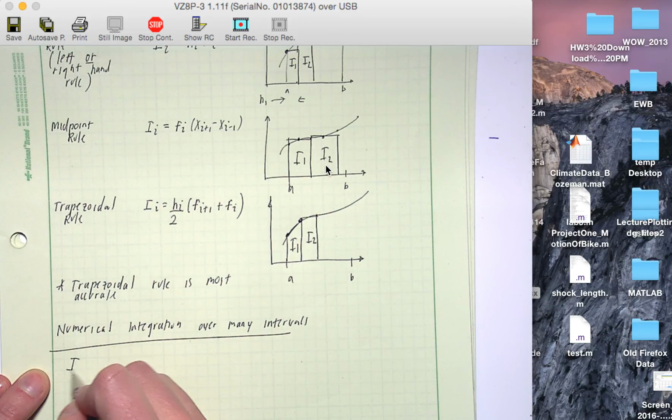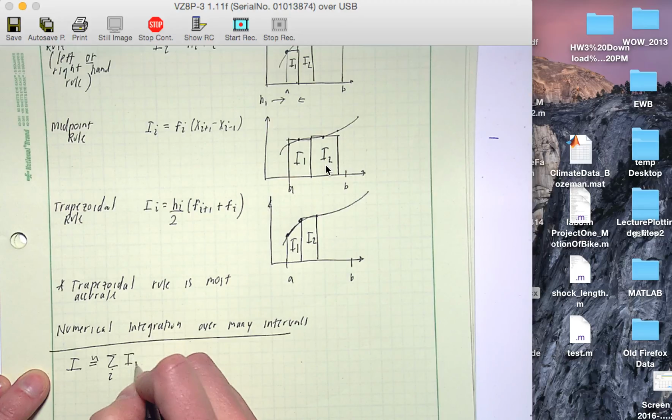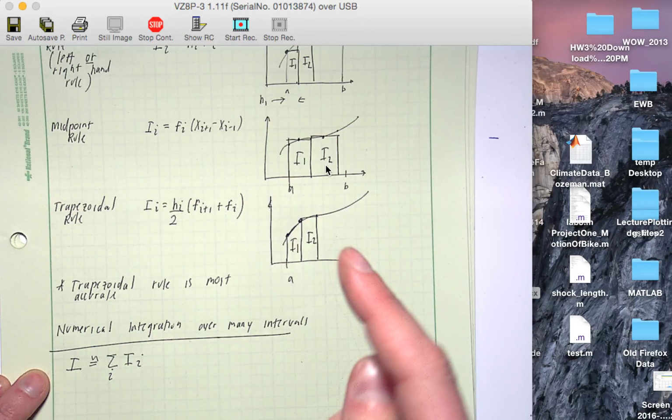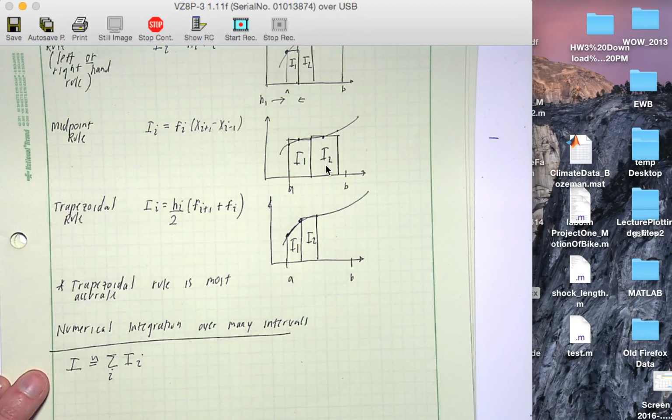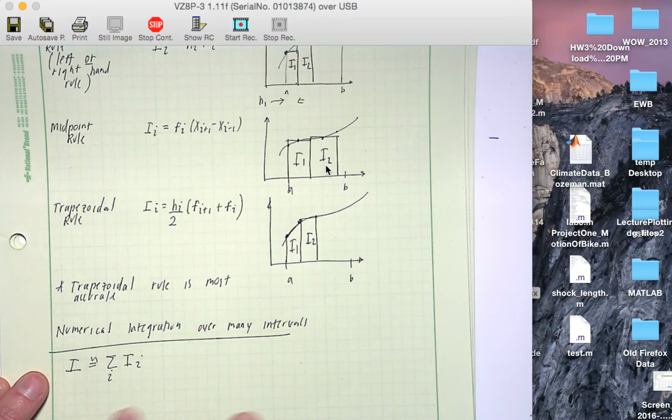So you're going to have to take all those I subscript i's and sum them up. Step 1 is to find out what they are, and step 2 is to sum them up. You can create a loop to define each one, or you can make a more sophisticated algorithm and determine how many times each point is used in general, and you can do the whole algorithm in one line. I'll let you think about that.